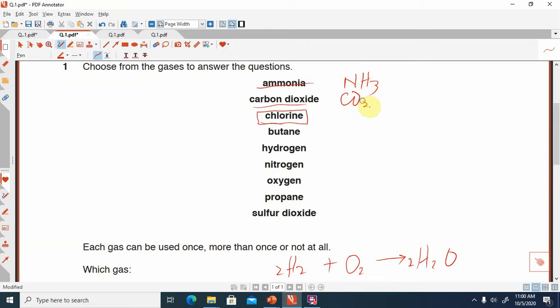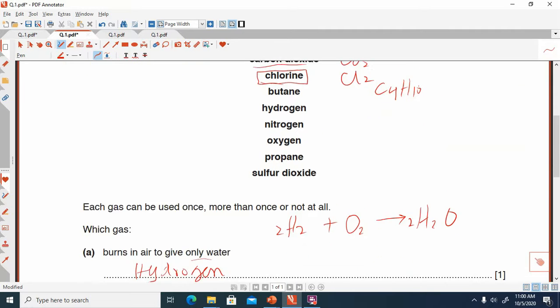CO2 is this one, chlorine is this one, butane is an organic compound, butane is C4H10, right? So look at this molecule, carbon 4 and then hydrogen 10, right?